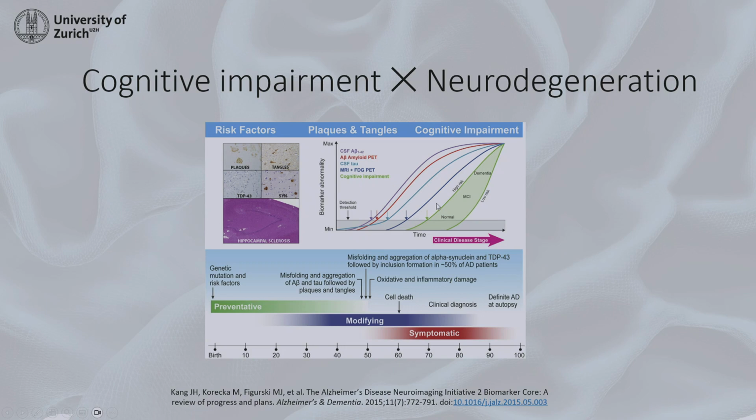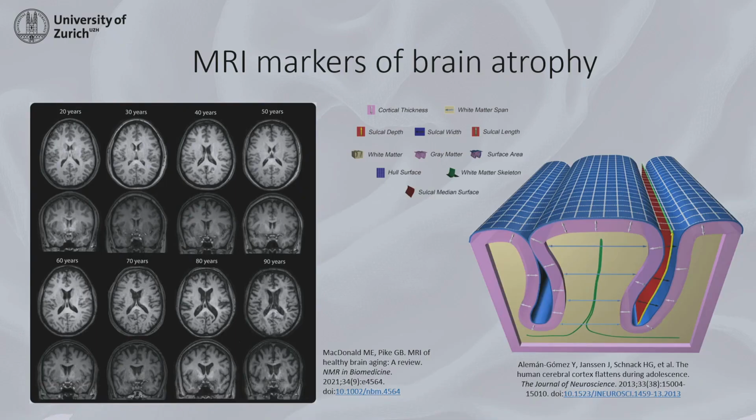Basically, brain atrophy happens before you develop. The green curve shows the cognitive impairment, so the evolution from normal cognition to mild cognitive impairment to dementia. And this atrophy is a marker of neurodegeneration. So you get synaptic losses, you get cell death, and that happens in normal aging, and also it's accentuated by disorders.